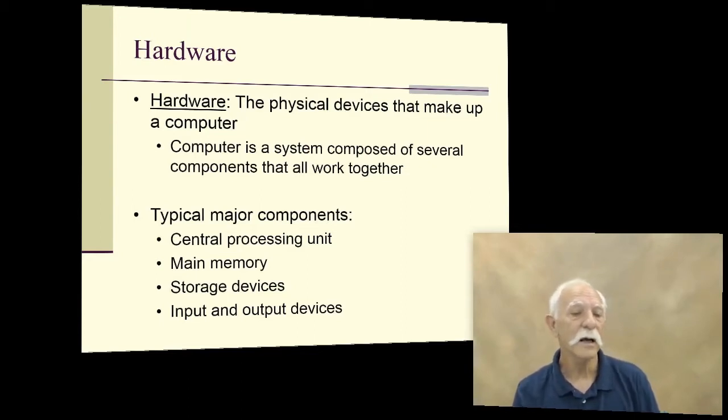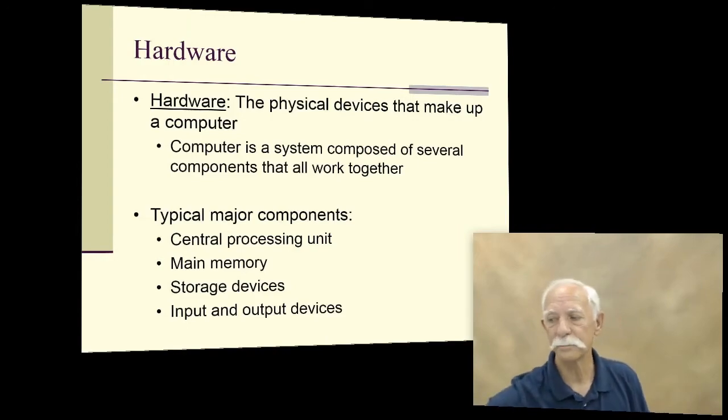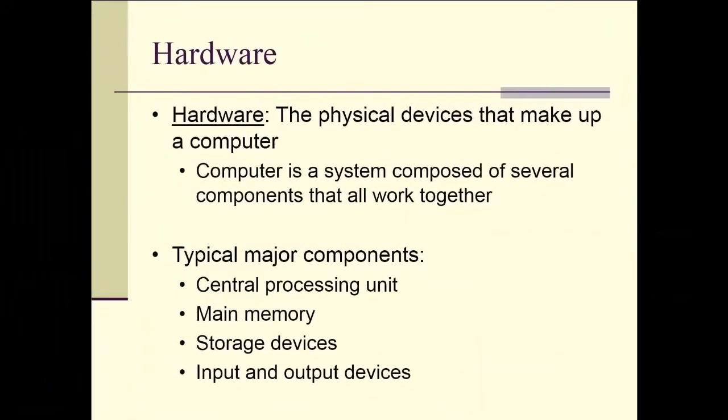Now the typical components, we're going to look at 4 different areas, because a computer, no matter what it is, is made up of 4 basic pieces of equipment. The central processing unit, also called a CPU, and the CPU is the brains of the computer. It actually takes the programming, tells the computer what it's supposed to do, and moves the information through the machine. Now we've also got main memory, but you're probably more familiar with it as random access memory, or RAM.